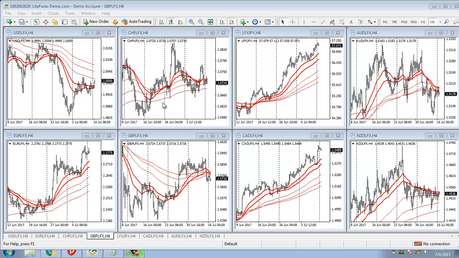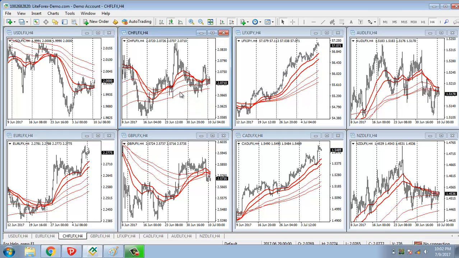If you look at these 8 currency index charts, and we take the example of the pound franc, this is the Swiss franc. You can very clearly see there is no trend. Price is just flip-flapping sideways. It is range bound. Similarly, when you look at the pound, this is an H4 chart, in the last 4 weeks it's not really done anything.